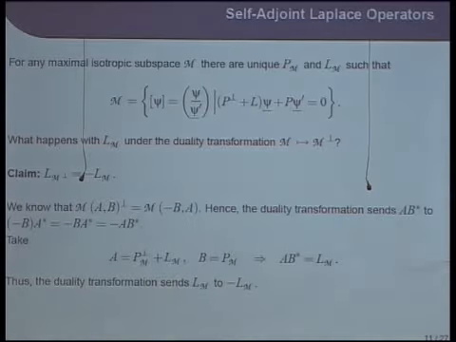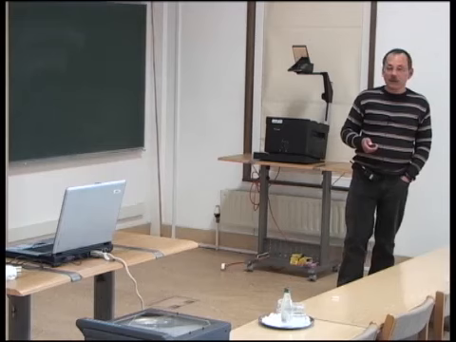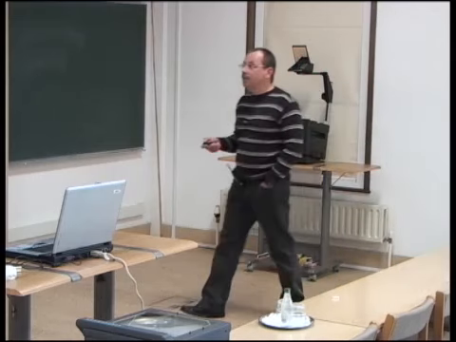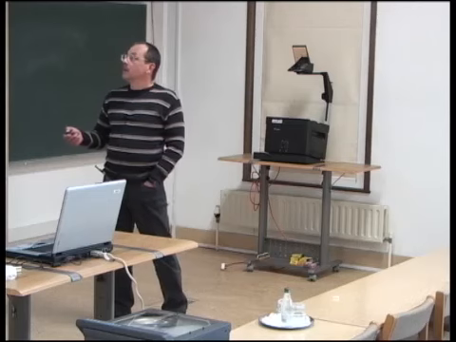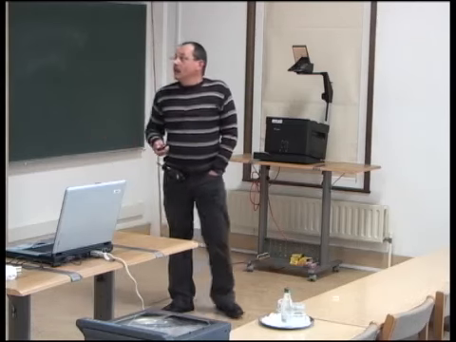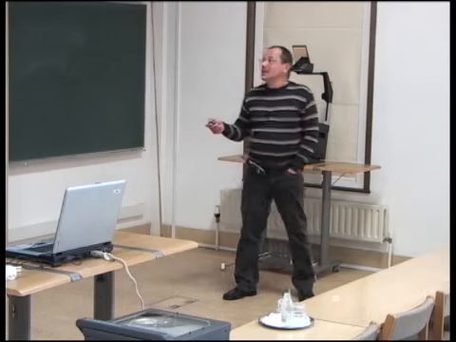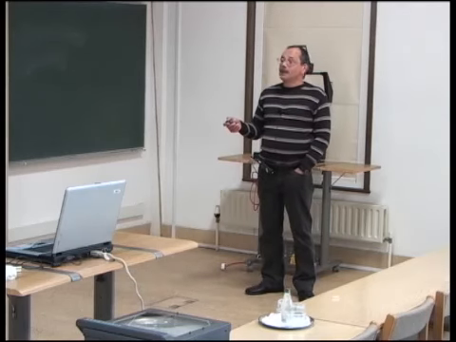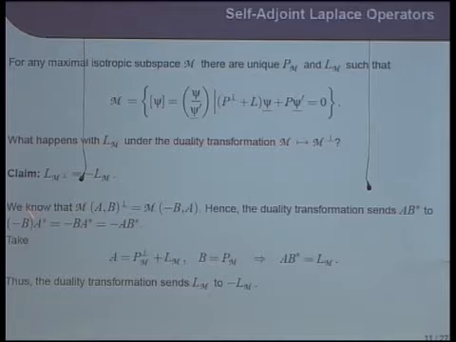The simplest way, probably: we know that M orthogonal is M of minus B, A, because the duality transformation sends A, B to minus B, A. This means that the duality transformation sends A times B star to minus B times A star. And this is the same, by the self-adjointness of A B star, as minus A B star.